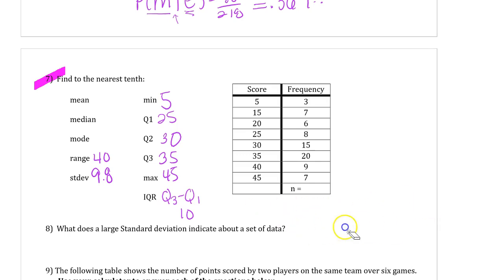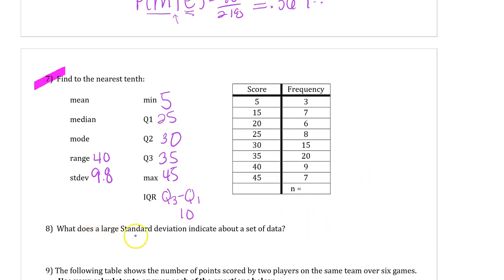But if I drew a box and whisker and the box looked like that, that tells me the difference between Q1 and Q3 is really not that big. So that means 50% of my data is really close together in there. That would tell me that the standard deviation, or the spread of my data, is really pretty small.